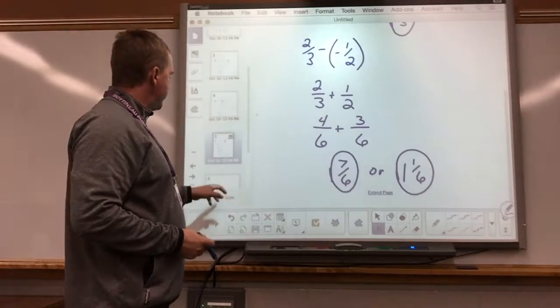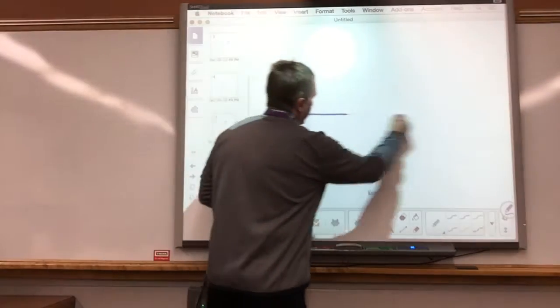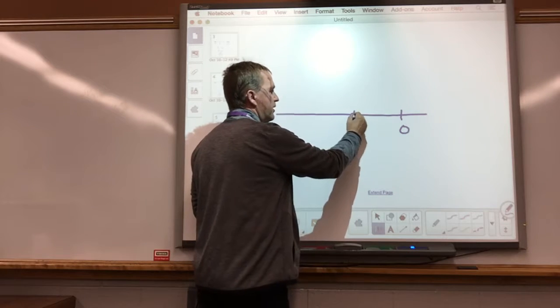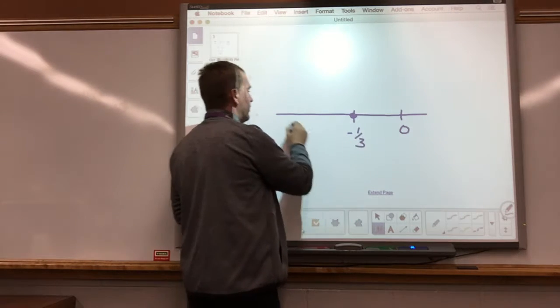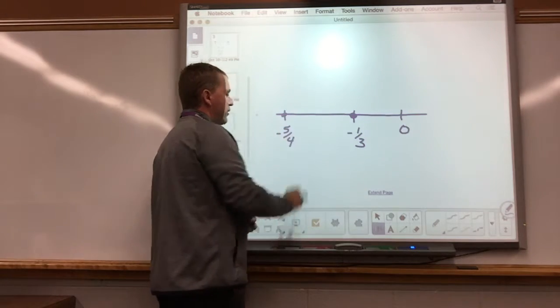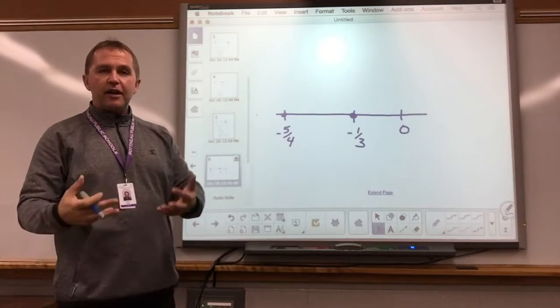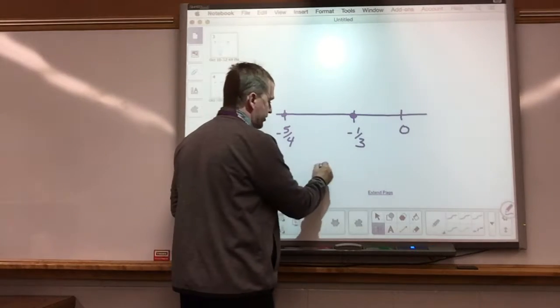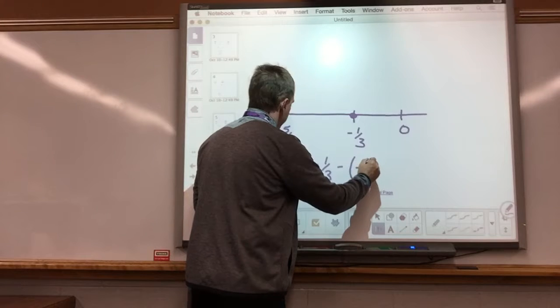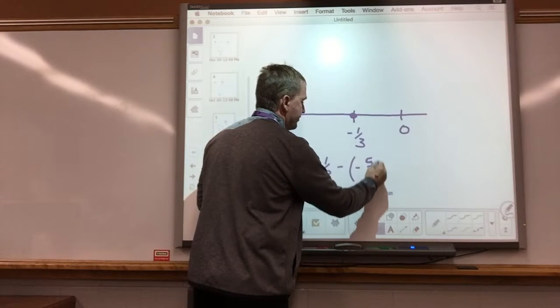I guess I show you these things. It wouldn't matter if I had 0 here, and maybe I threw a point in here and said it's negative 1/3, and this one is negative 5/4. The bottom line is I'm now going to take my point on the right, which is negative 1/3, and I will subtract the negative 5/4.